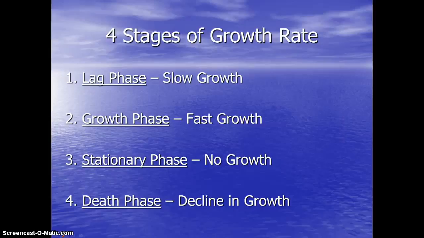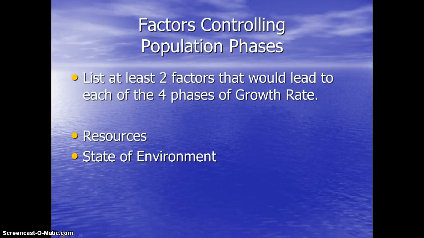It doesn't look like there's a lot of growth occurring, but it might be a very minimal or small amount. The growth phase, where you have fast growth, usually exponential, almost a vertical line on a graph. The stationary phase, where there's no growth, it's flatlined, if you will. And then the death phase, which shows that the population is decreasing.